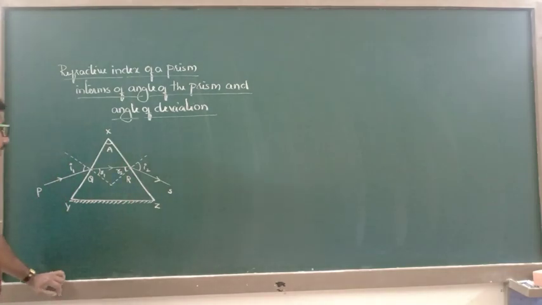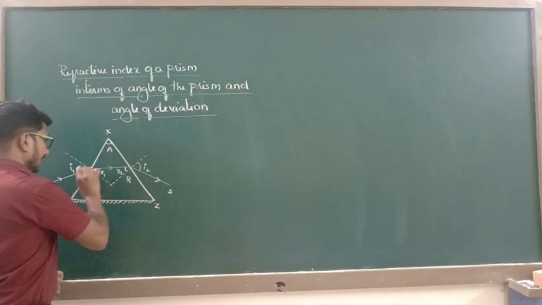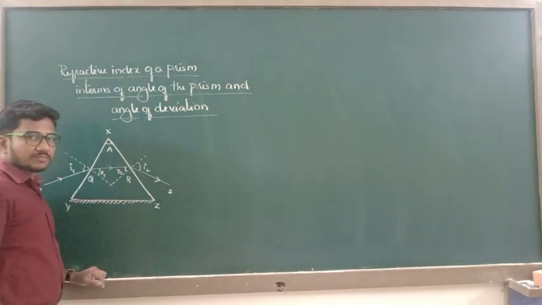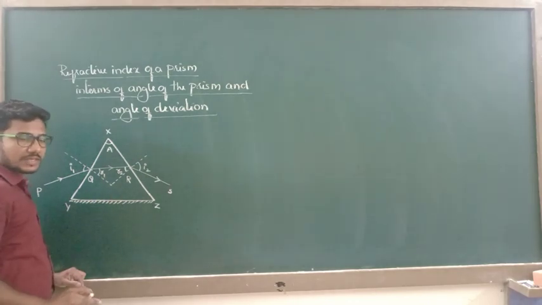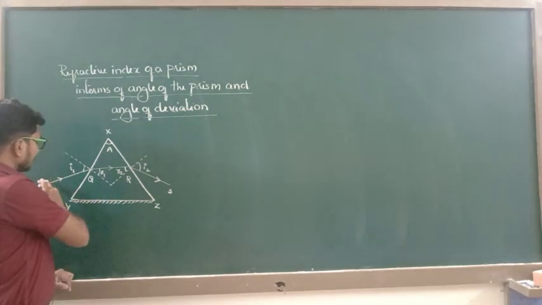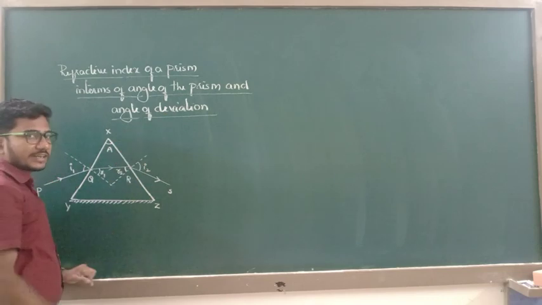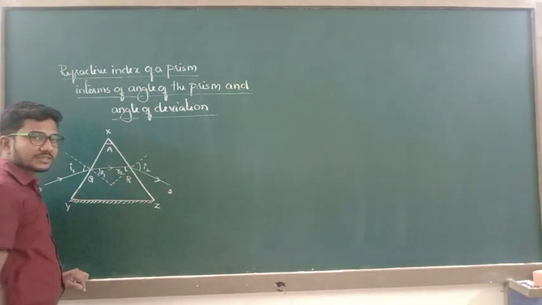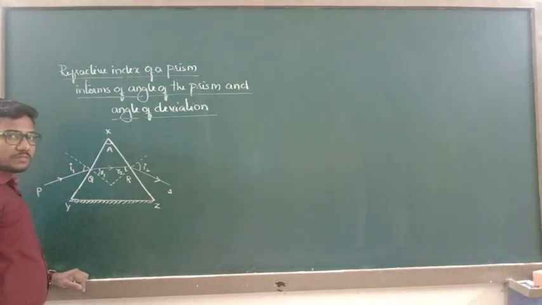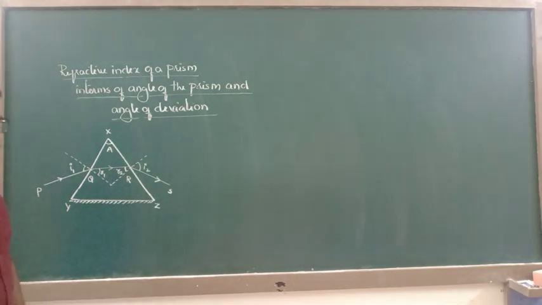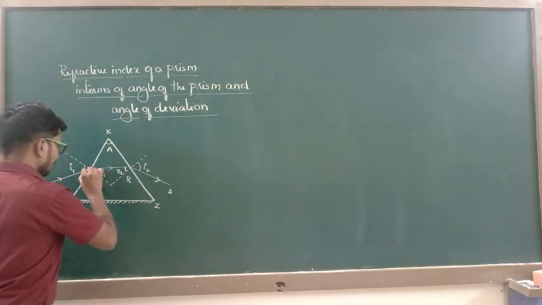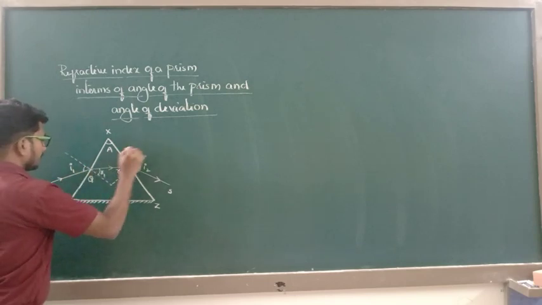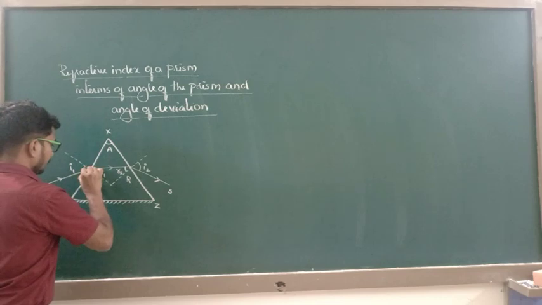Okay. Now actual path of incident light ray in the absence of this prism. You just imagine yourself, if there is no prism, then light travels along the straight line without any deviation. So consider the actual path of the incident light ray in the absence of the prism.